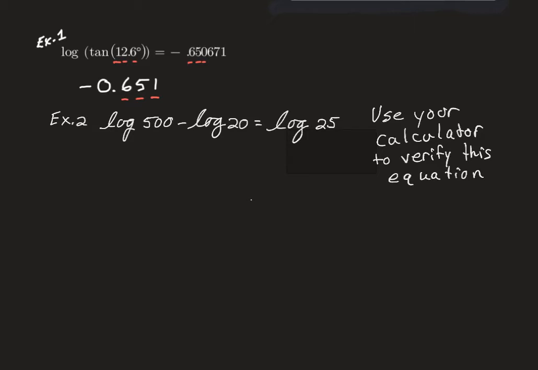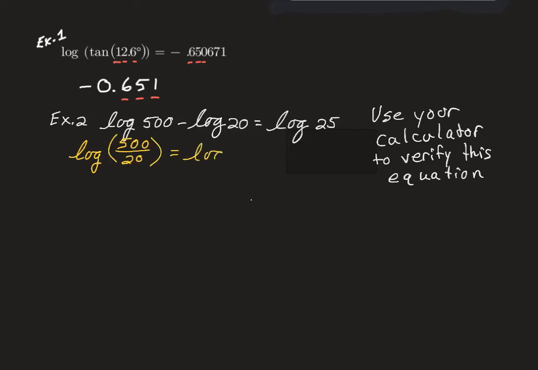Just for practice, let's go back and do this as we have done it previously. Let's work this out. Okay, so we have a difference of 2 logs. The quotient rule tells us that that can become the quotient 500 over 20.